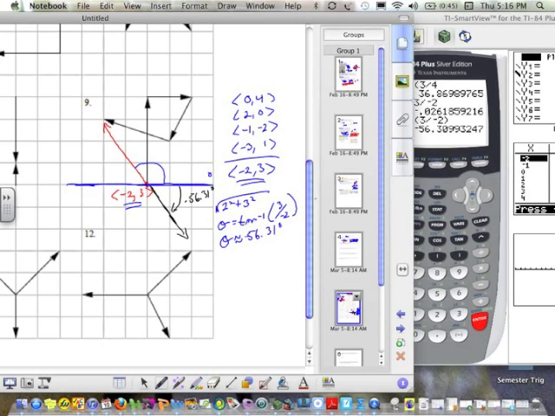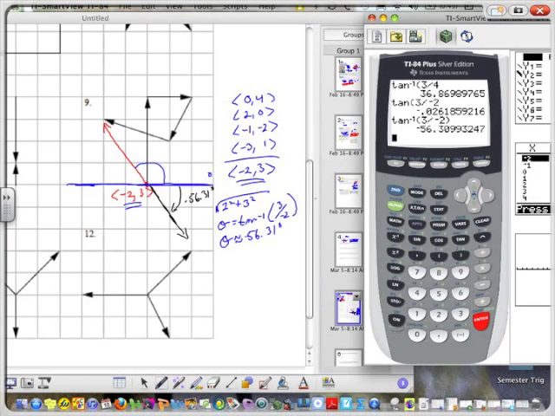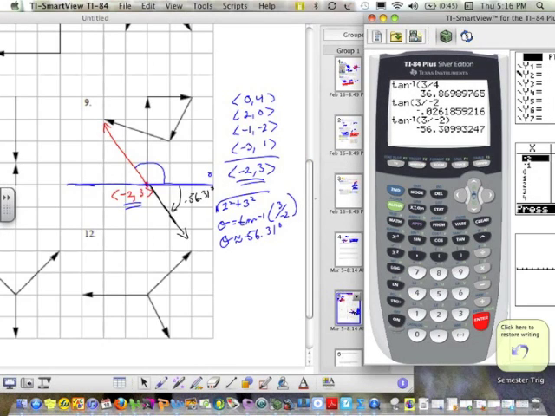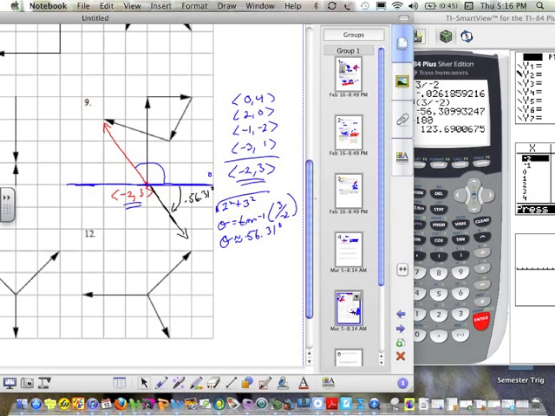So if you ever notice that happens, and you can eyeball it, it's not going to be like it's really close. It's going to be 180 degrees off with what you're expecting. All you have to do is take your answer and add 180 to it. And my actual answer is 123.7, and that's a lot more what I was expecting. So my actual answer is 123.69.